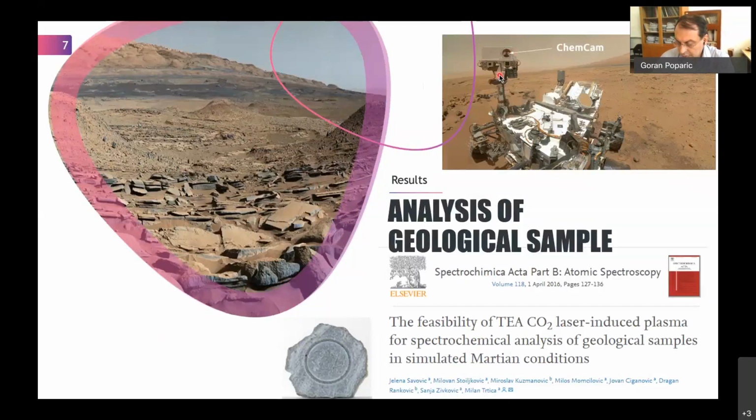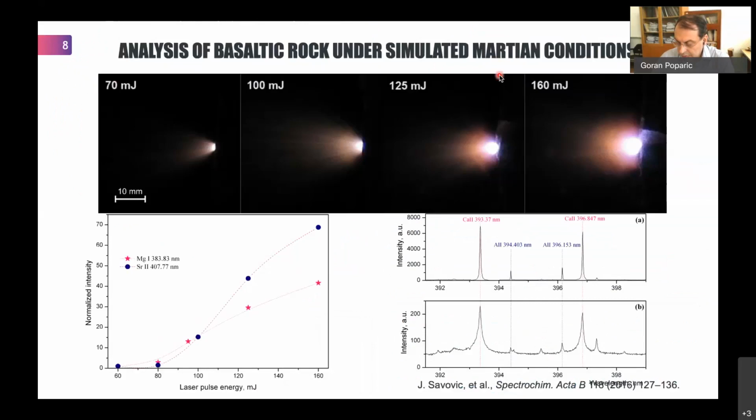So what we did, we used a sample of basalt rock, put it in the vacuum chamber, simulated Martian conditions, and reduced the pressure to 10 millibars. You can see here that we tested the influence of the laser energy, and we got the most voluminous plasma with applied energy of 160 millijoules.